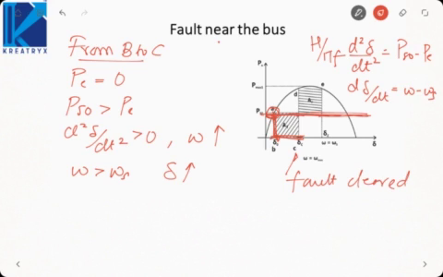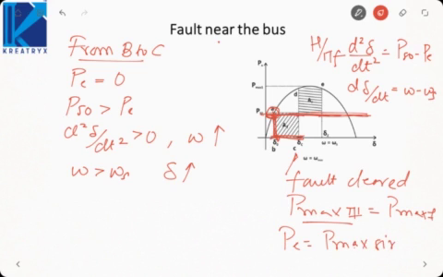So what will happen is, when the fault is cleared, we will enter the case of after the fault. So P max 3 will be equal to P max 1. Okay. So power will become equal to P max sin delta. But since delta cannot change instantaneously, we will jump from C to D, because this is the curve representing P max sin delta.